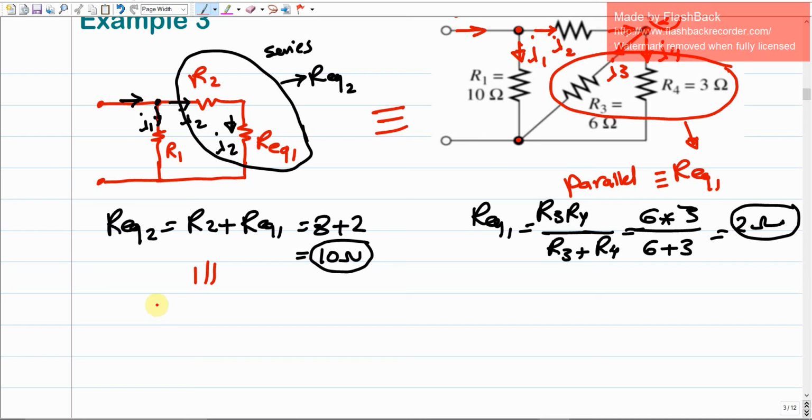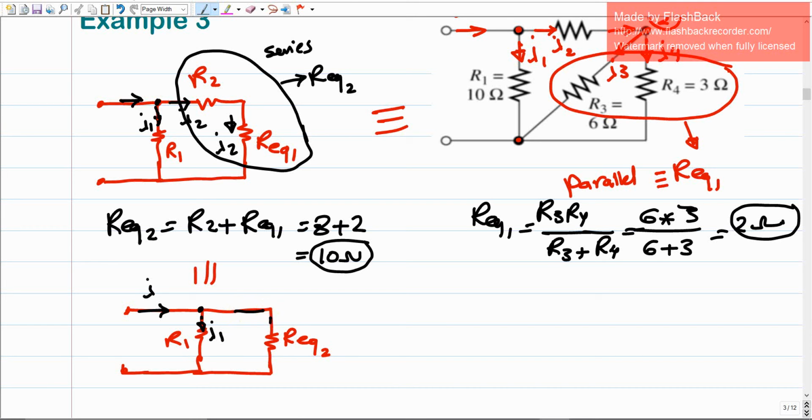It's going to be R1, and these two resistors we just combined, this is going to be R equivalent 2 that we just calculated as 10. So how much is the current? The current is going to be divided over these two resistors. We're going to have here I1, and the current here is going to be I2.